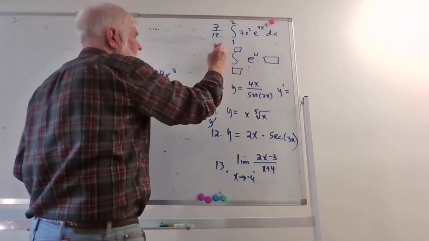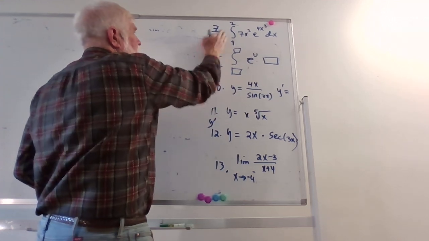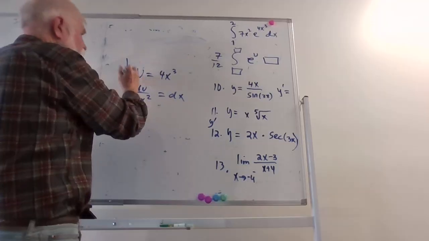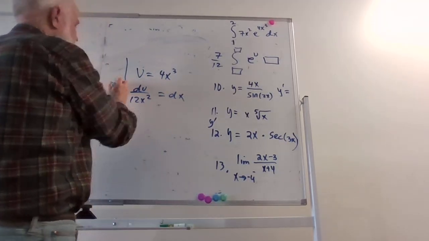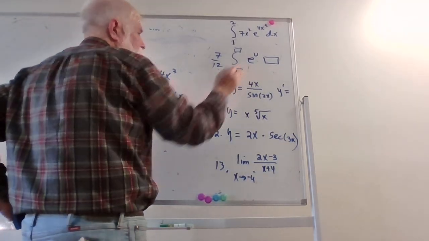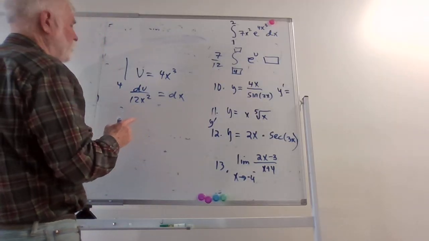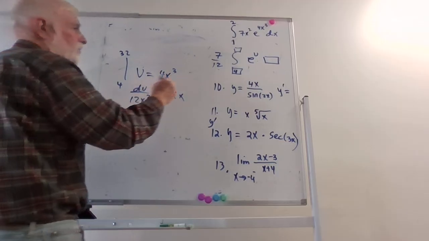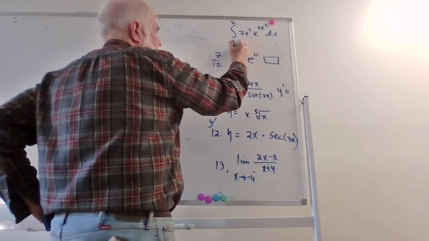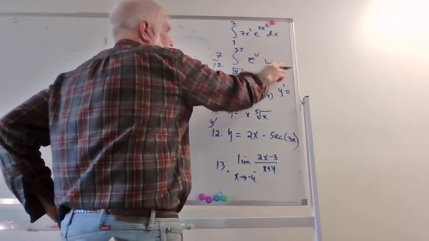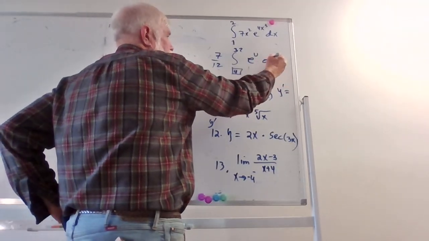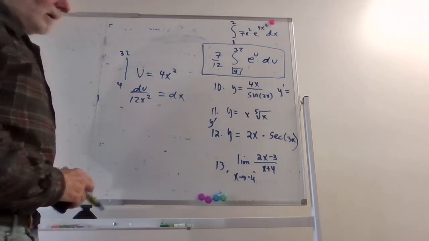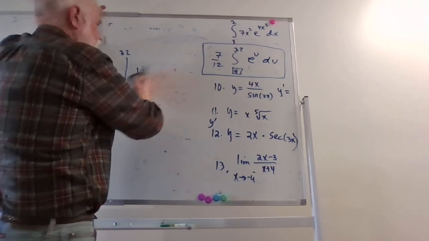All right, so 7 12ths. Now, if x is 1, when I put a 1 in, my bottom limit's 4, and when I put a 2 in, it looks like it's 32. 2 cubed, yes, 32. So that goes here. And then I've got this, and that's easier to do. Saves you a little work. All right, so that was that.